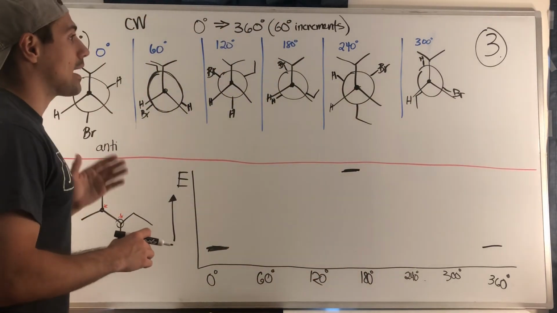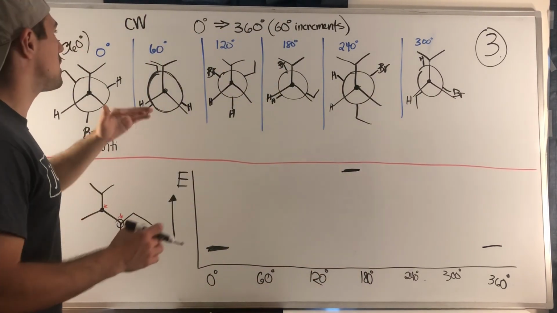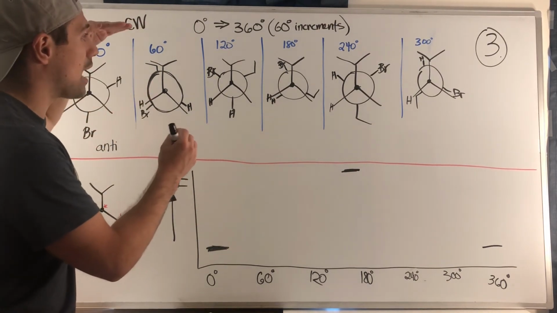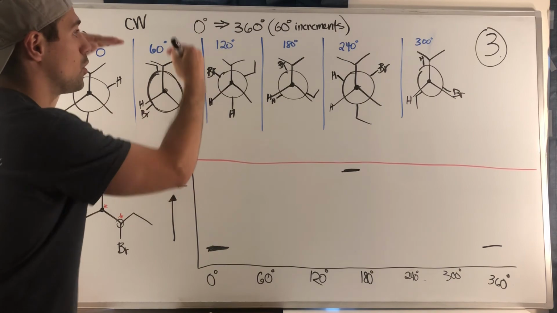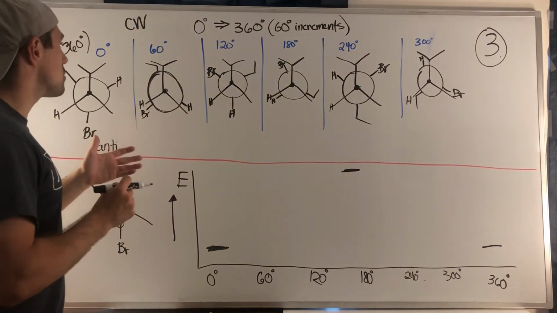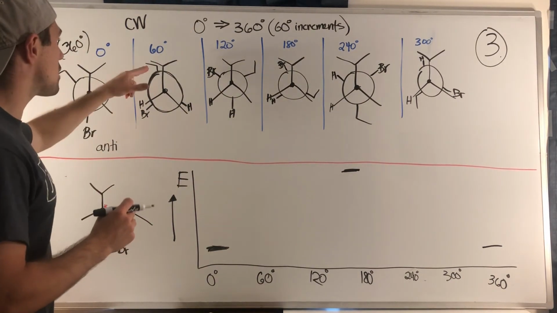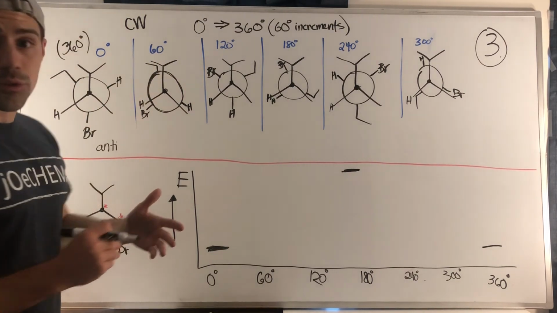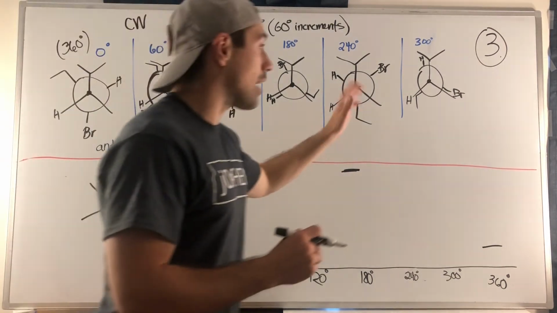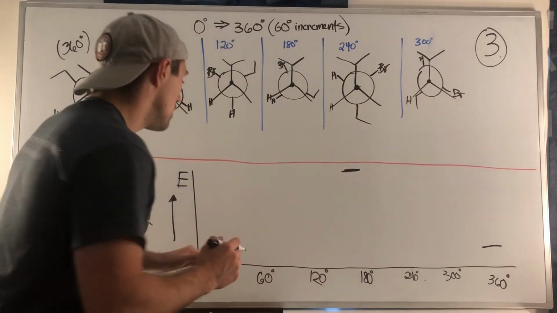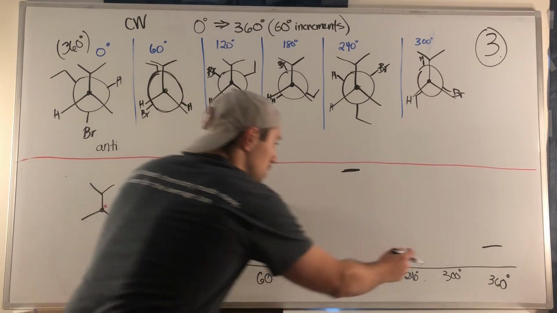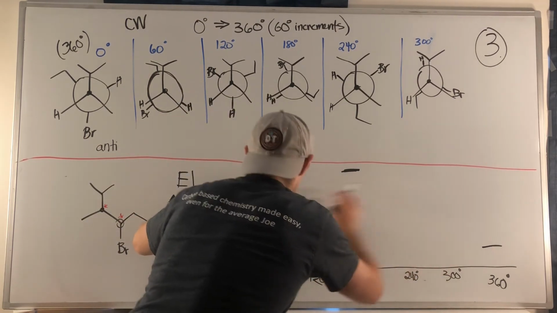So it's either going to be, admittedly, gang, I'm sorry about this, 60 a little higher energy, 300 just below it, or vice versa. And in the solution, I said that the branched isopropyl being eclipsed with the ethyl group is a little bit worse, higher energy than this right here. So if we have the 60 right here, then the 300 will be just below it.